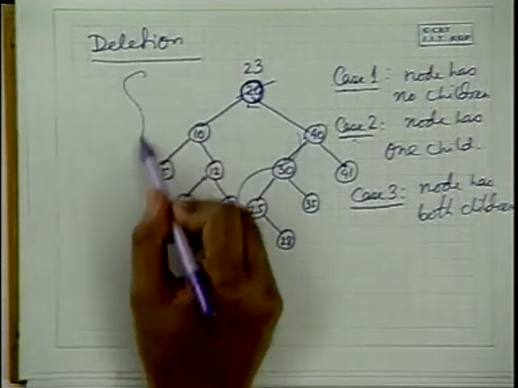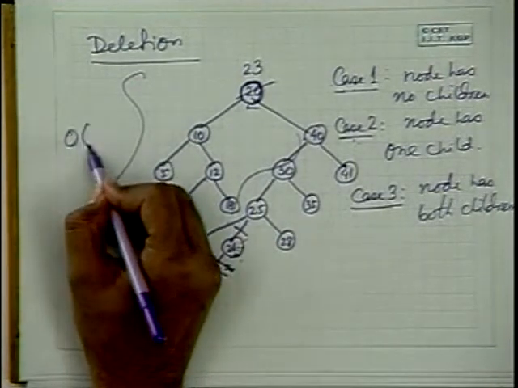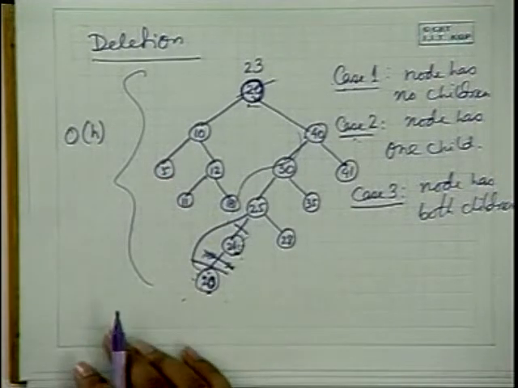Now how much time does this entire deletion take? We have seen that in a binary search tree all the important operations take order of H time. So H is very important. Next, in the next lecture, we will see how to keep this H low, that is of the order of log n.